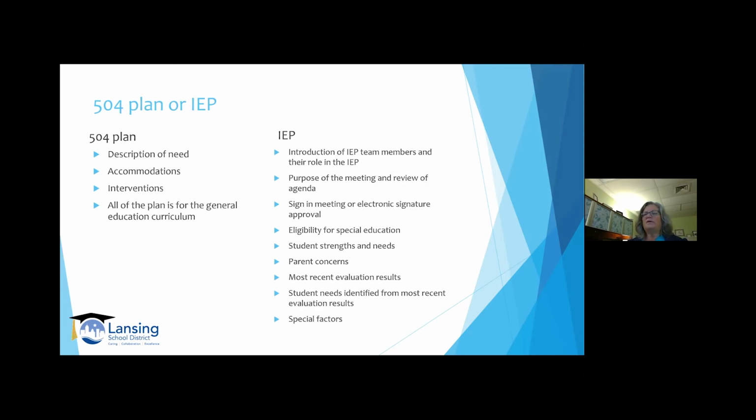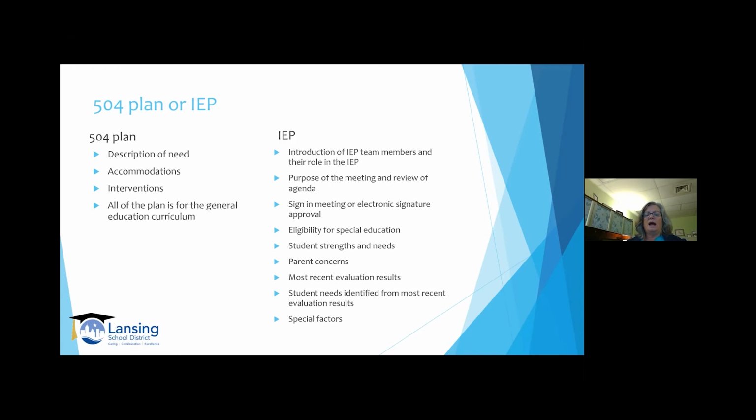So from parents to occupational therapists, psychologists, resource teachers, program teachers, whatever the role is of the individuals at the table, there should be an introduction of them and their role in the IEP. And this is the agenda template that we follow in the Lansing School District.